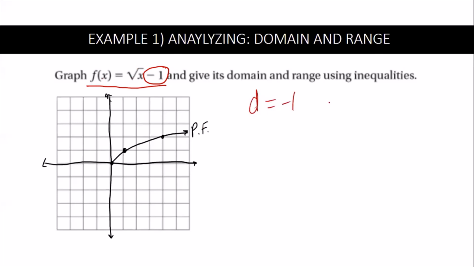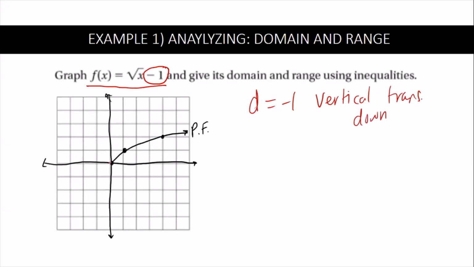It's something being added or subtracted on the outside, right? So I'm subtracting. So D equals -1. And we said that if D is less than 0, that means it's a vertical translation down. Right? So that's a vertical translation down.